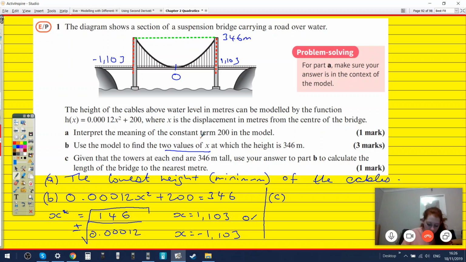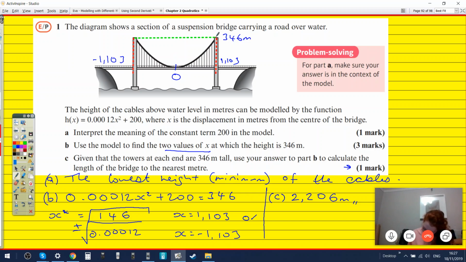Oh, are we just doubling from each end? Yep. So it's just 2,206 meters. Well done. And you can see it was a 1-mark question, so it was always going to be something simple, but it just involved interpreting it in real life.